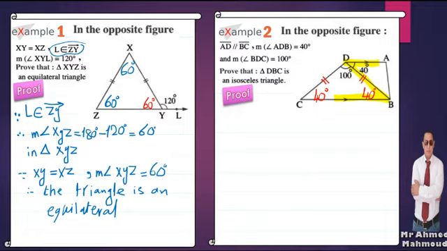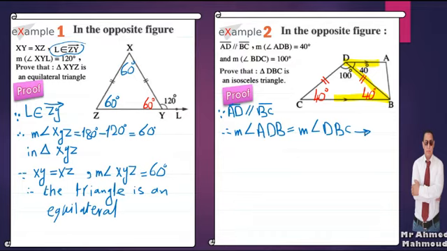First, since AD is parallel to BC, therefore the measure of angle ADB equals the measure of angle DBC, and these are called alternate angles.